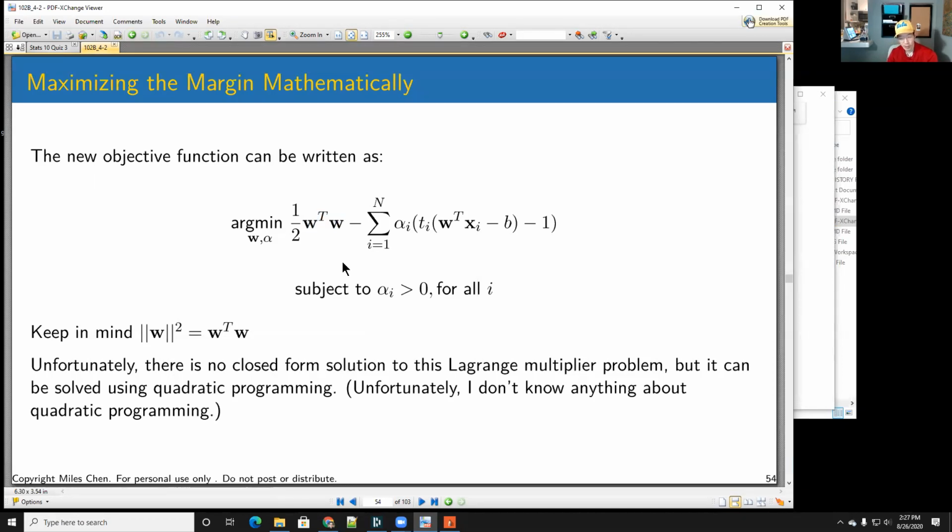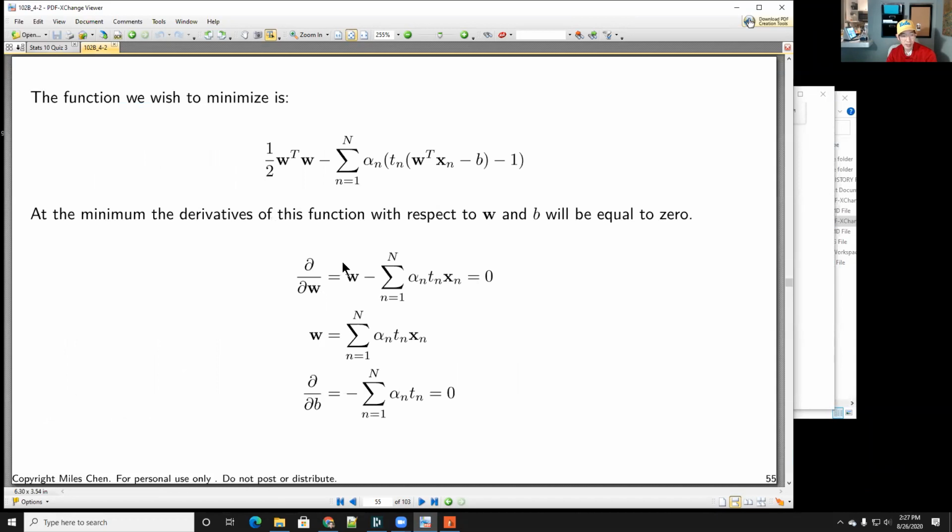To solve this, we're going to take the derivative of this with respect to w and set that equal to 0 and solve. And we're going to take the derivative with respect to b, because that's also a thing that we've got to find, and set that to 0 and solve.